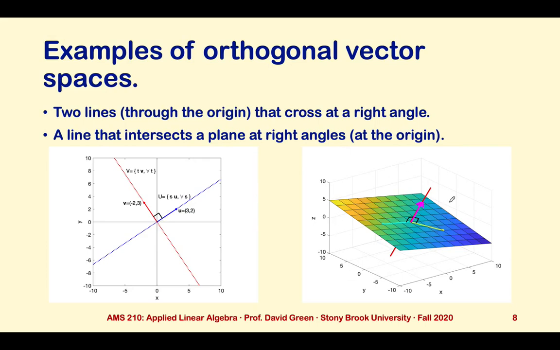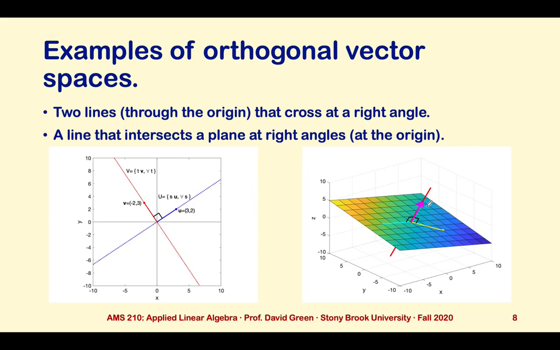In this case, a line and a plane. We have a basis for our line, 2 basis vectors for our plane. This gives 3 linearly independent vectors in R3. They must span R3, and the 2 vector spaces are orthogonal to one another.